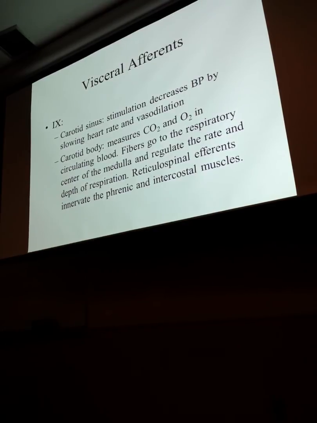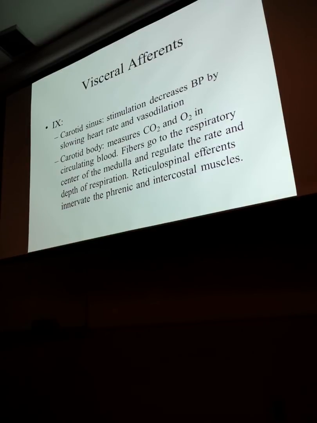The carotid body, which is at the bifurcation of the internal common carotid and the external carotid, has little sensors that measure CO2 and oxygen in your circulating blood, and then that goes to the respiratory center, which is in the upper part of your medulla, and that regulates your depth of respiration.